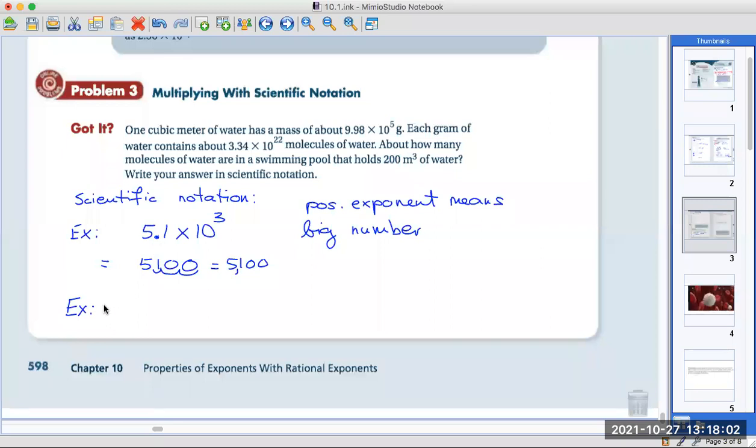So let me make up a number. Let me make up a number. I'm going to say 7.31. You can have more numbers here, but you can only have one number here. The X means times, 10 to the power of negative 4. You know, a negative exponent means it's a small number.